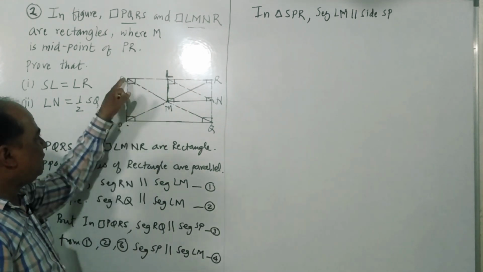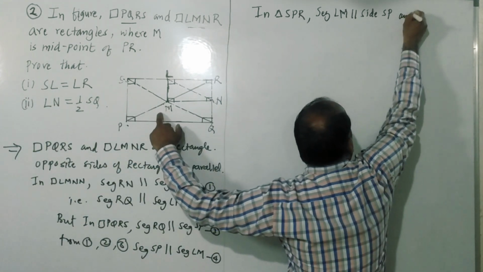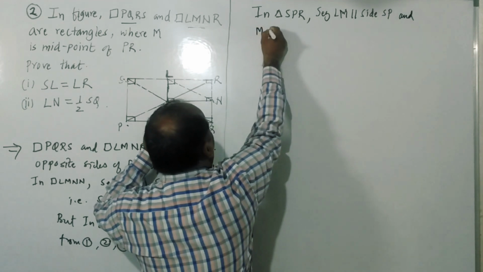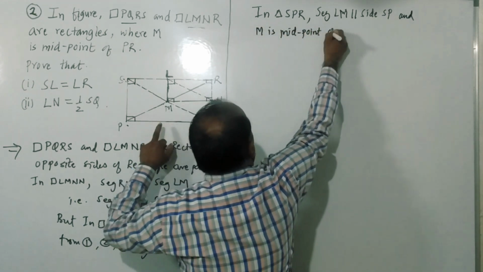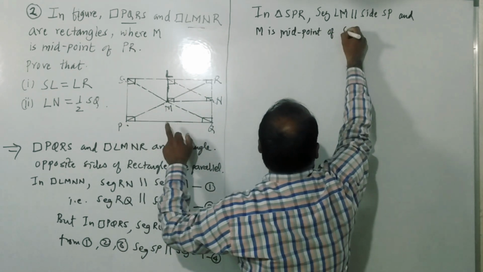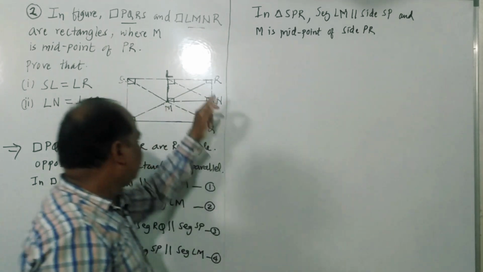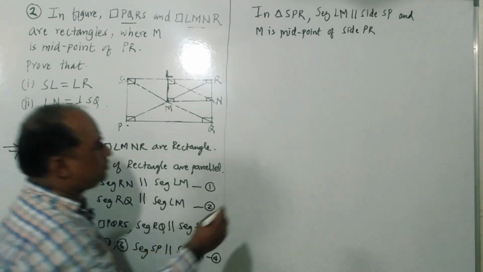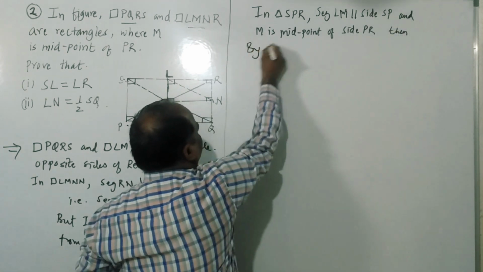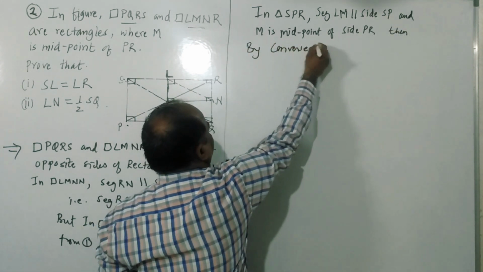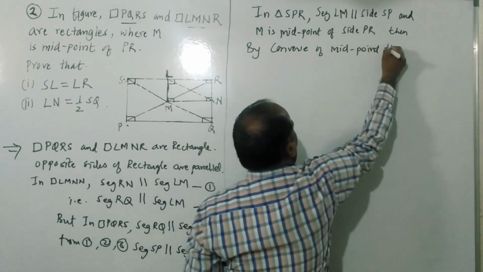So here LM is parallel to SP, and M is midpoint of side PR, one side of a triangle, then by converse of midpoint theorem.